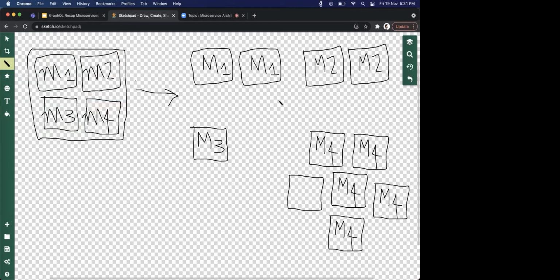Okay, consider this like a queue. Okay, so यहाँ पे M1 will put a message in this box.